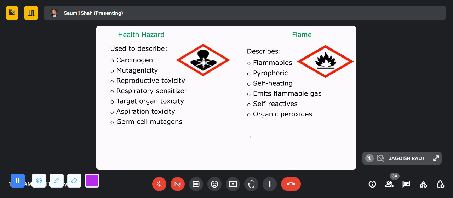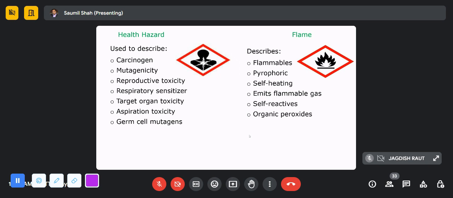Some of the chemicals are carcinogens, which can lead to cancer. For example, benzene is a chemical which is carcinogenic in nature. Whenever you are dealing with benzene, storing benzene, transferring benzene into a tank, or have drums of benzene, you have to display this symbol on that storage area. It describes that it has a health hazard and needs to be taken seriously.